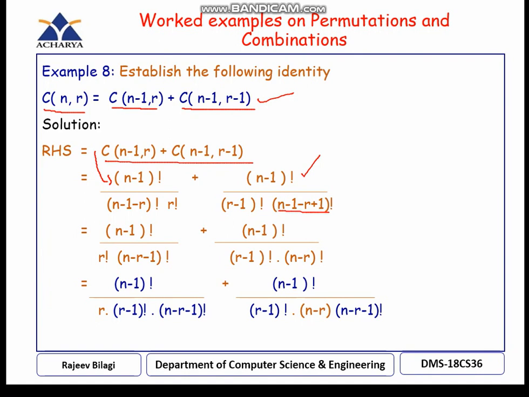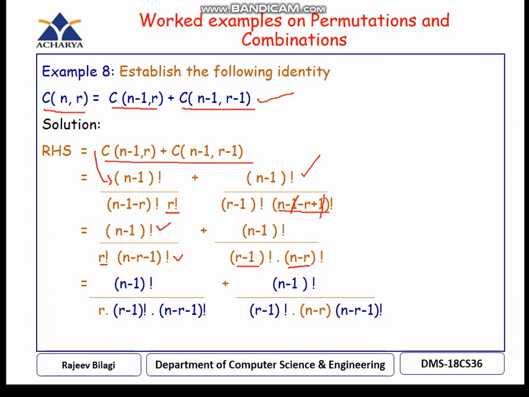So here, now if I write n factorial divided by r factorial, I have written here r factorial divided by (n minus r minus 1) factorial, which is equal to (r minus 1) factorial plus this one, this gets cancelled. I am left with (n minus r) factorial.